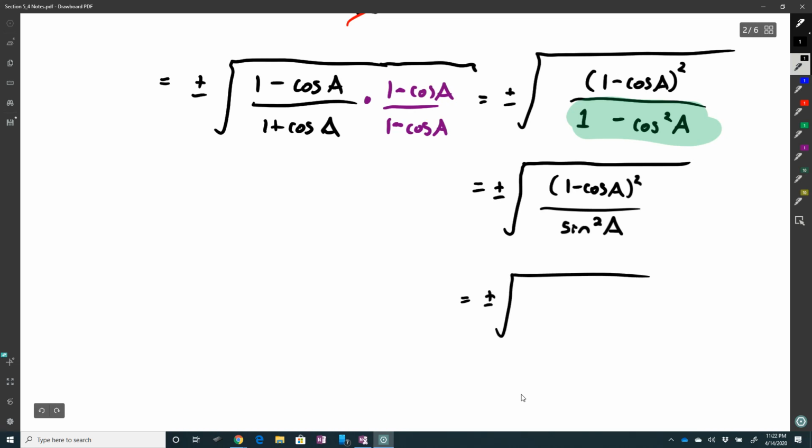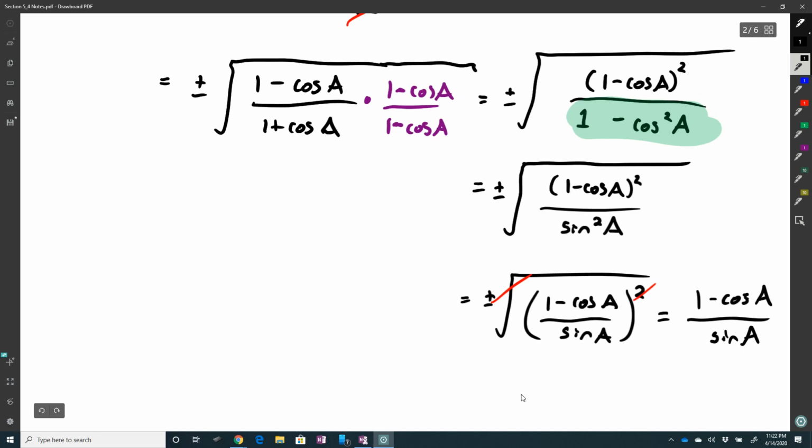So if you have a square over a square, you can combine them. And that's where the square and the square root cancel each other out. And you're left with just 1 minus cosine of A over sine of A.